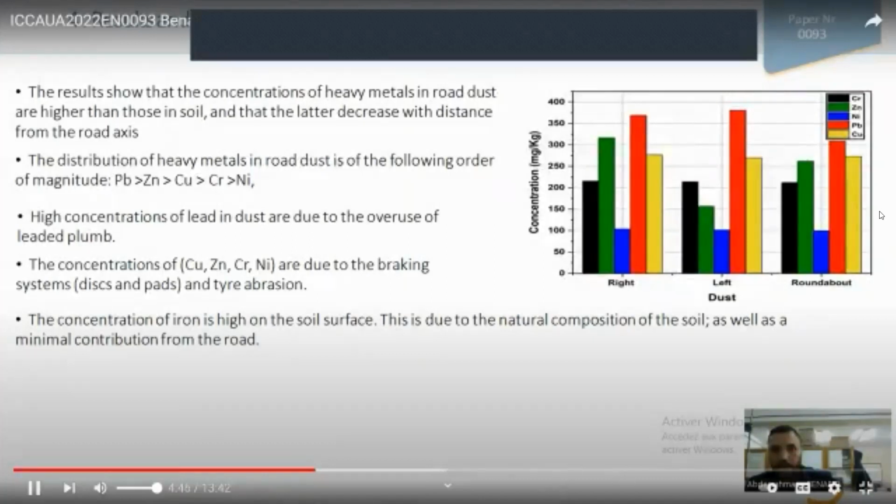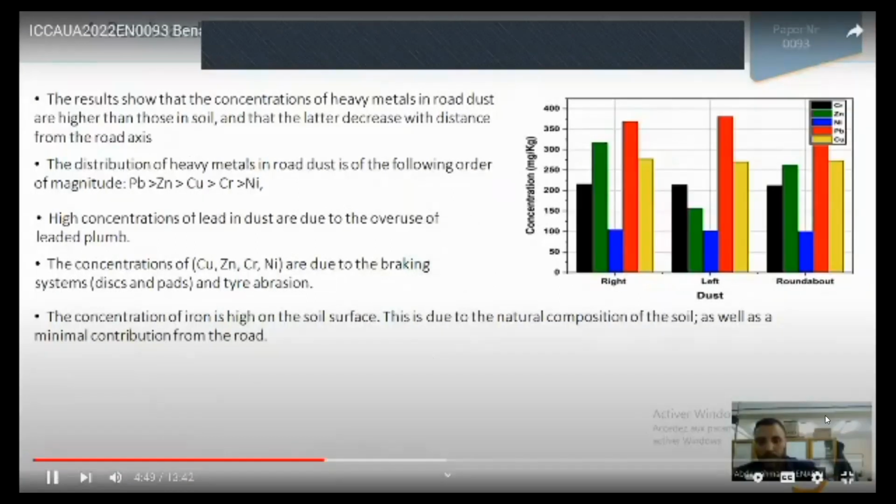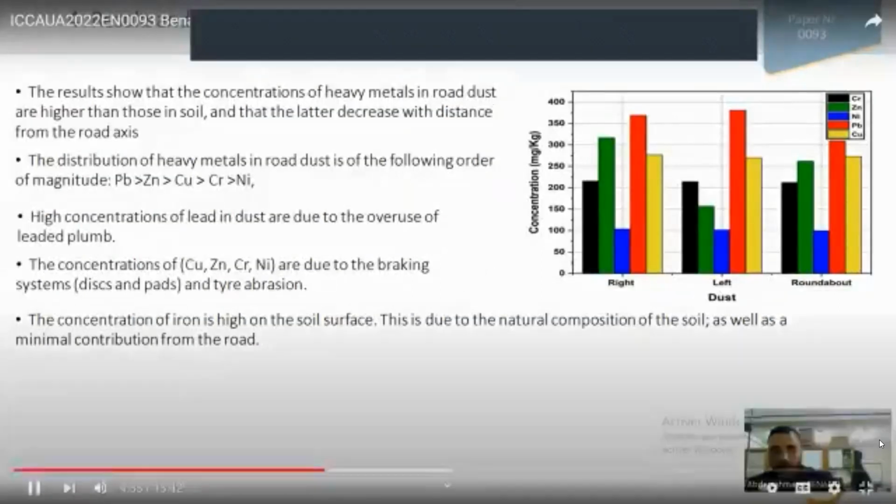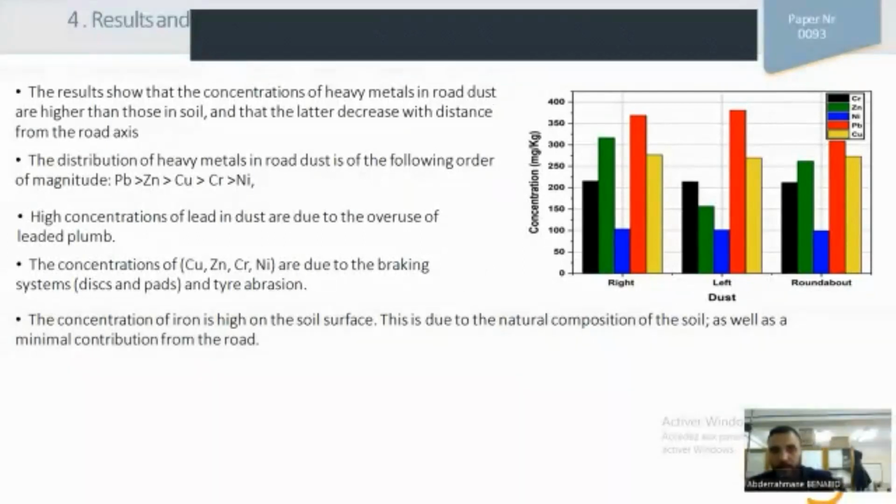High concentrations of lead in dust are due to the overuse of leaded fuel. The concentrations of copper, zinc, chrome, and nickel are due to the braking systems, discs, and pads, and tire abrasion.